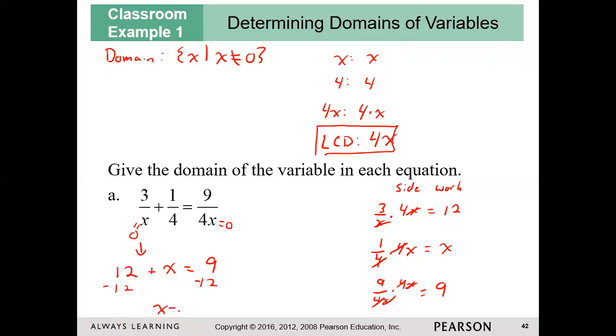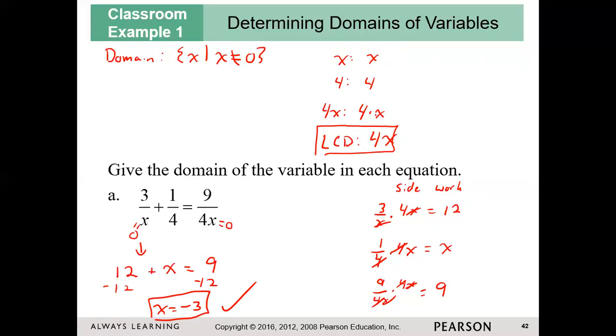And we get x is equal to -3. And that is okay because, again, the domain says x such that x is not equal to 0. So 0 was the only value that was not in the domain. This is a valid solution, and we can jump into the happy dance at that point, okay?